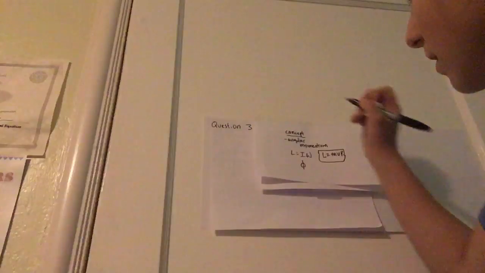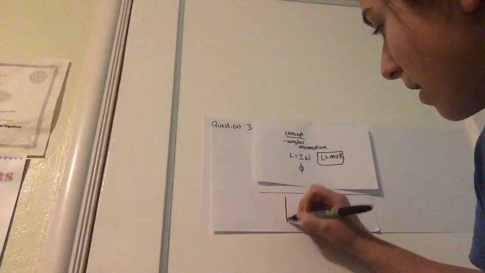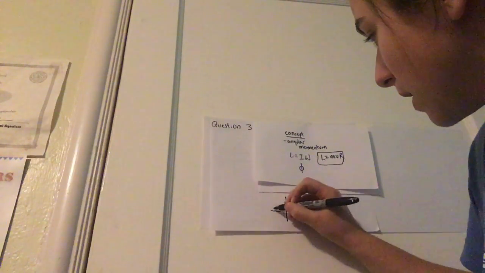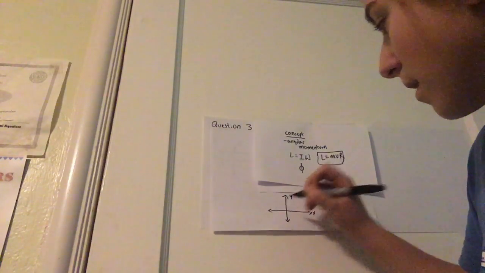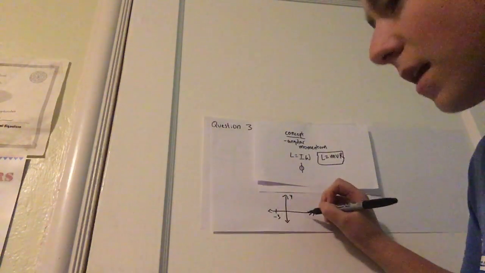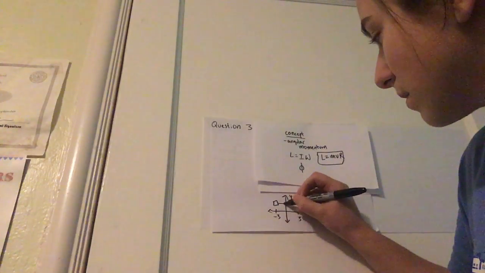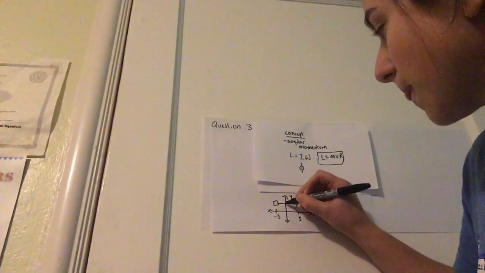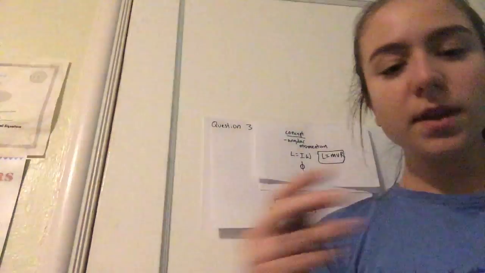So first I'm going to draw a picture of what's happening. I'm just going to draw right here, right below. So this is x and y, and it's traveling from negative 3 meters to positive 3. This is the object traveling, and it is 4 meters above.